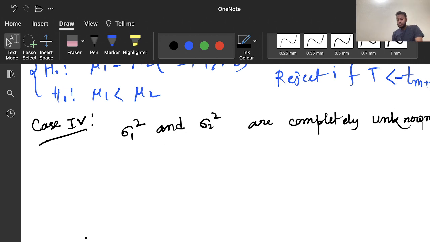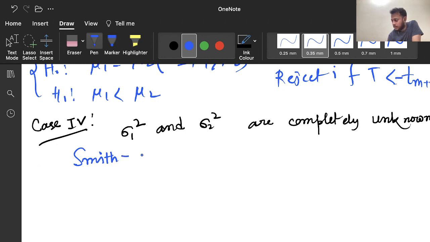Then there is no exact method to do it, but there is an approximate method, that is the Smith-Satterthwaite procedure.